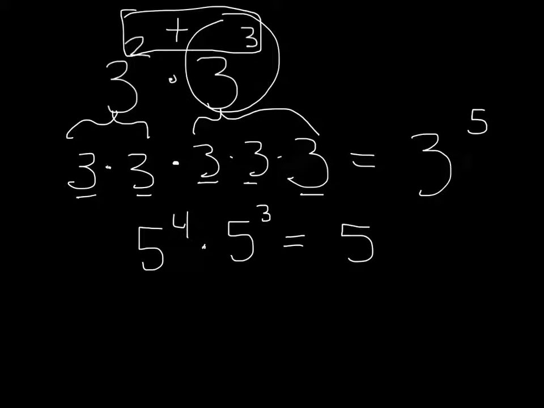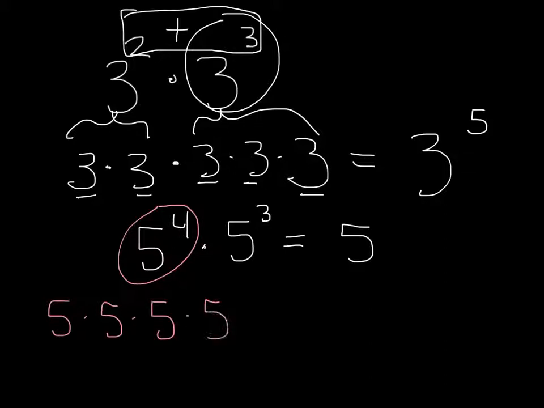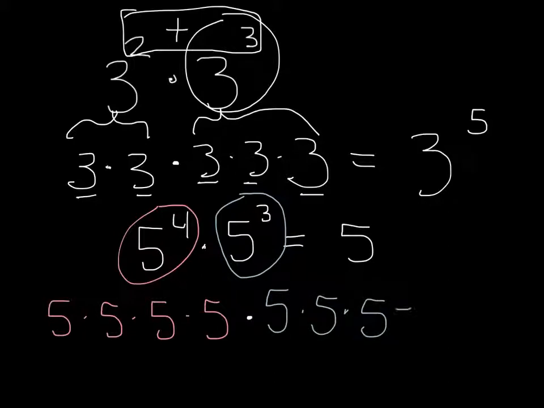Well, if this guy says 5 times 5 times 5 times 5, and this guy says 5 times 5 times 5, then our final exponent should be 7, 5 to the 7th. Okay? So hopefully that's making sense.